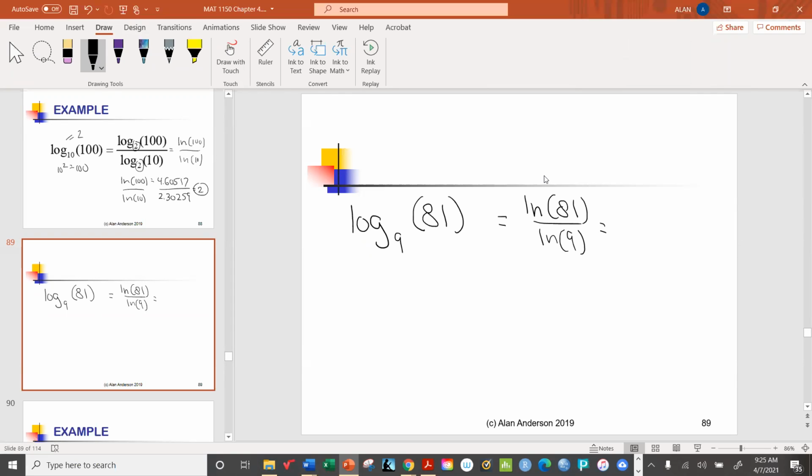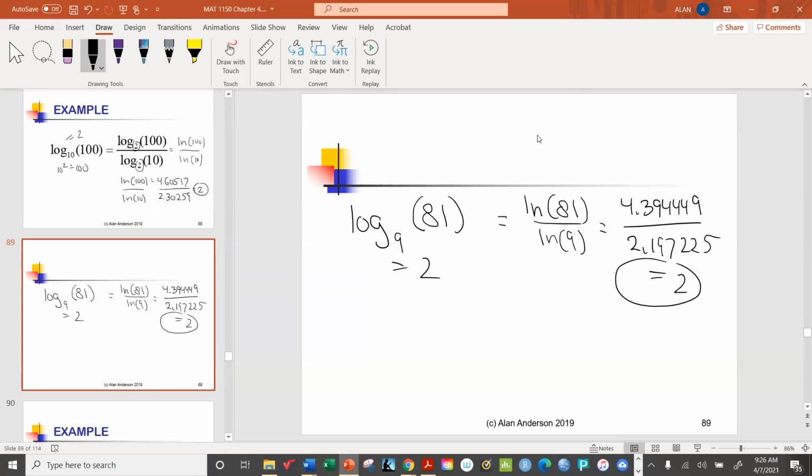The natural log of 81 is approximately equal to 4.394449, and then the log of 9 is approximately equal to 2.197225, and the ratio of those two numbers is almost exactly 2.